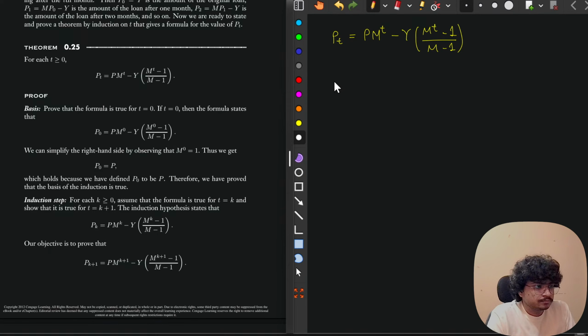Basis. Prove that the formula is true for T equals 0.